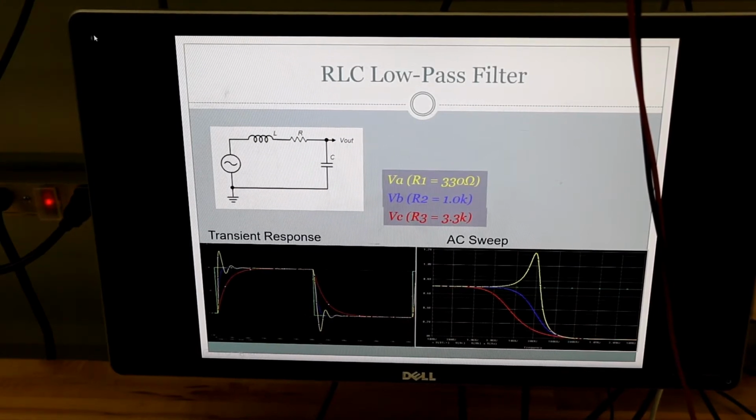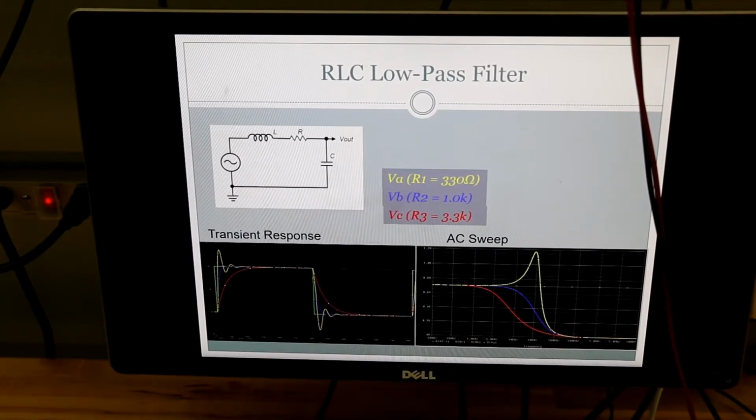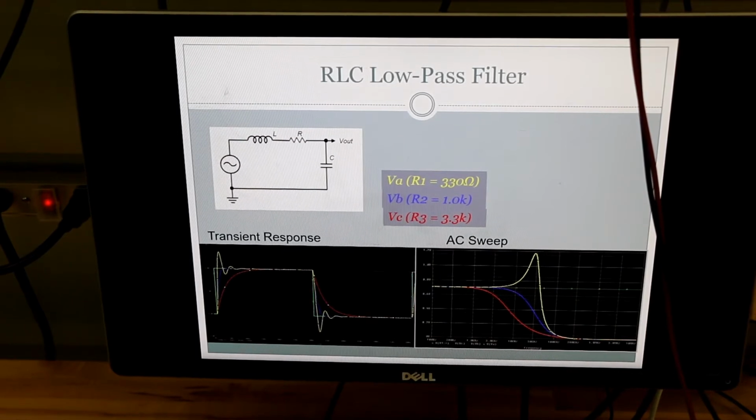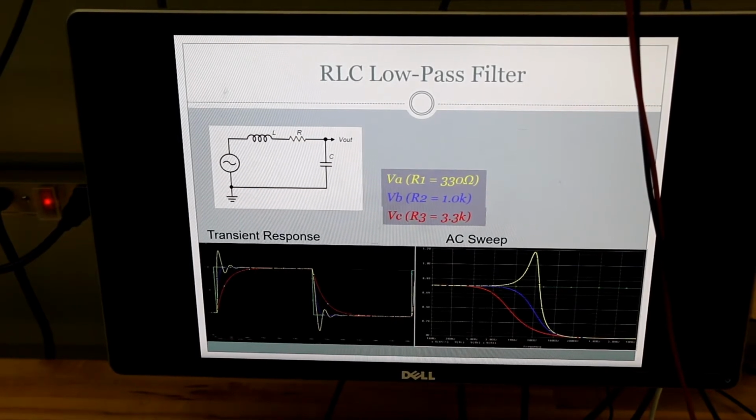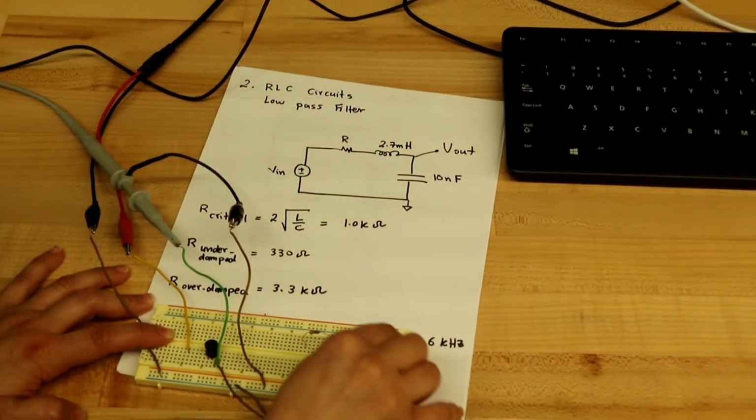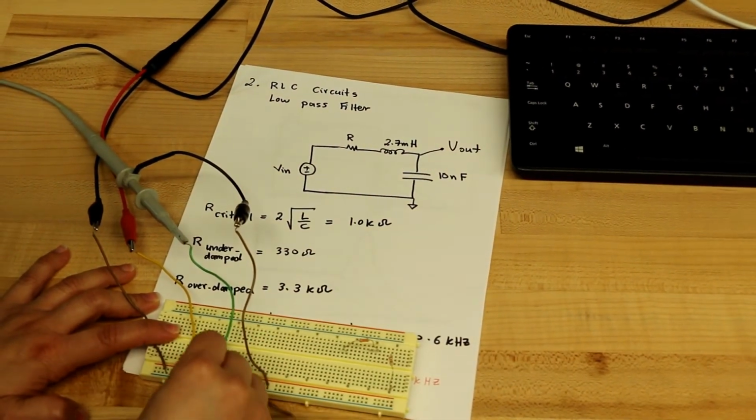Now let's check the critically damped. For the critically damped, we need to use the 1K. Here's the 1K.